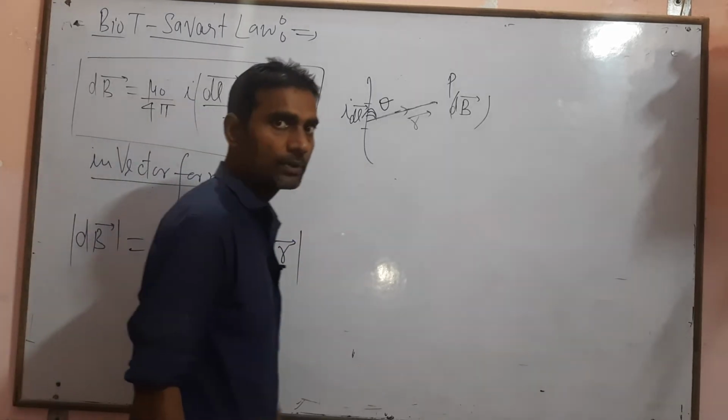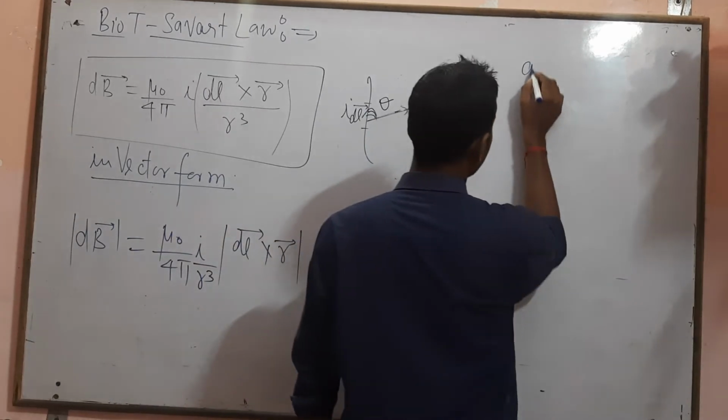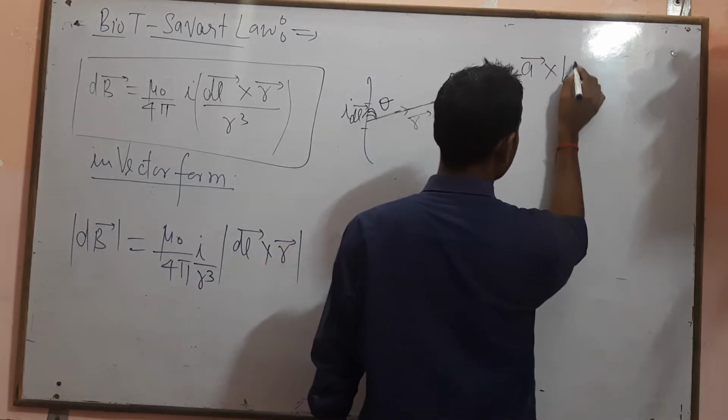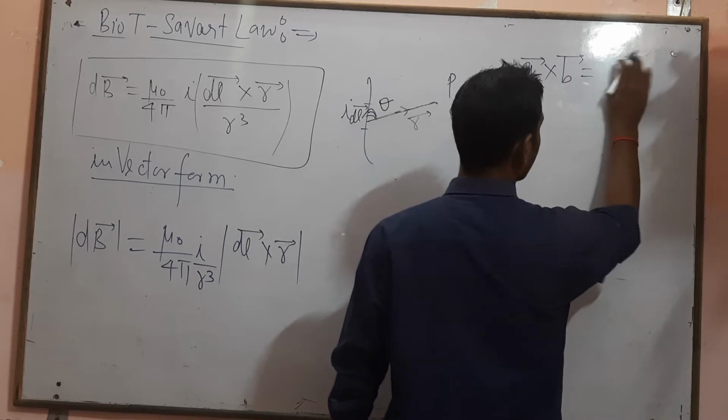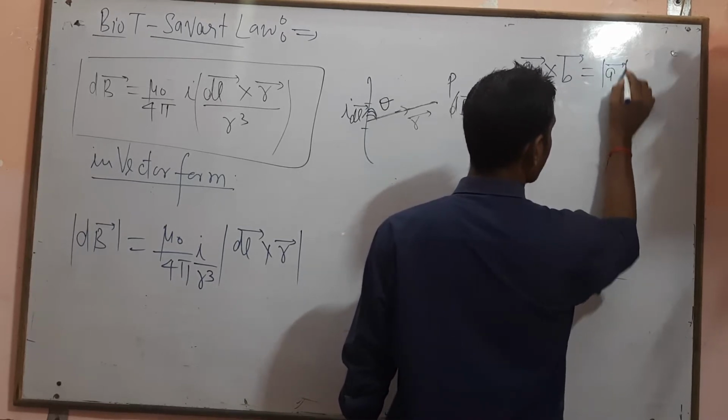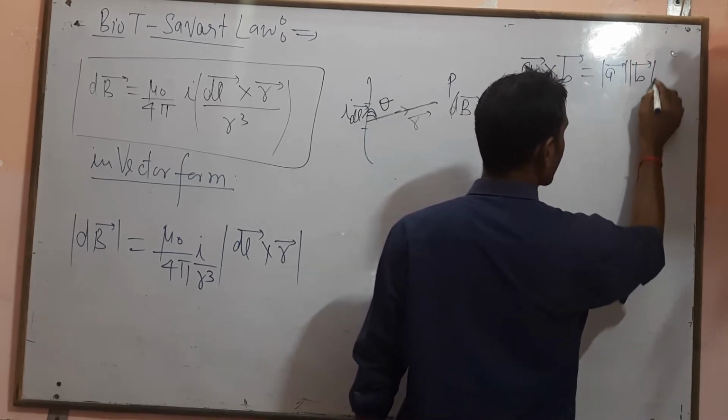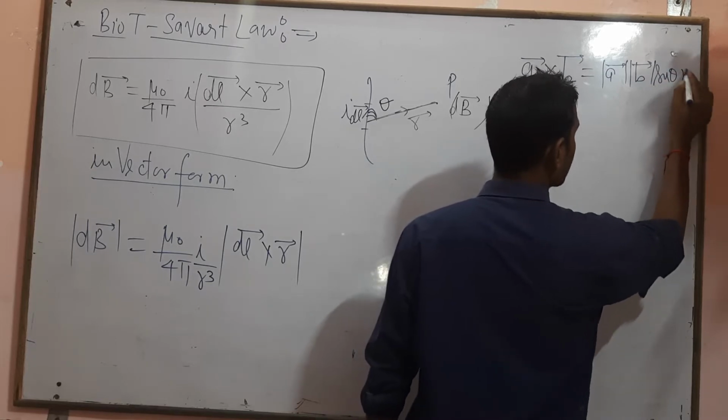We know that if two vectors are given, let us suppose A vector cross B vector, it equals mod A, mod B, into sine theta, into n cap.